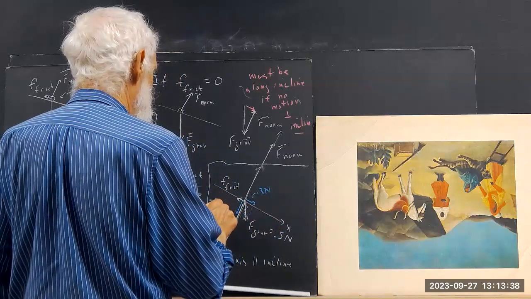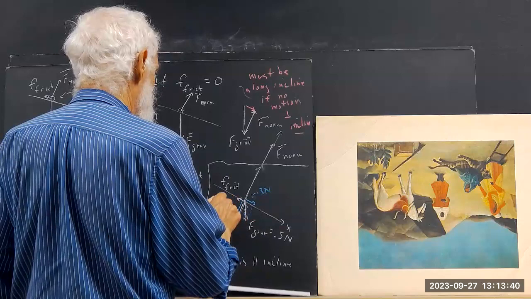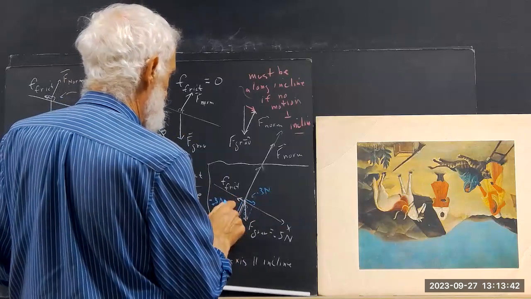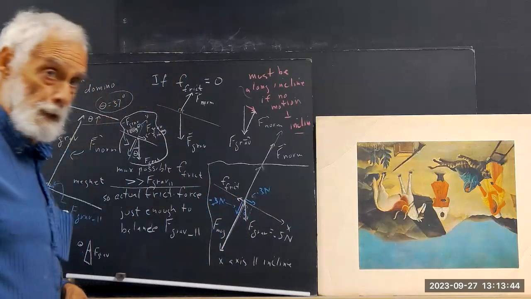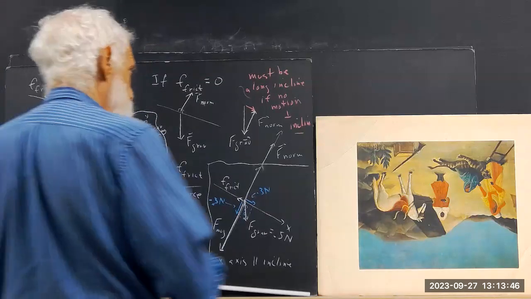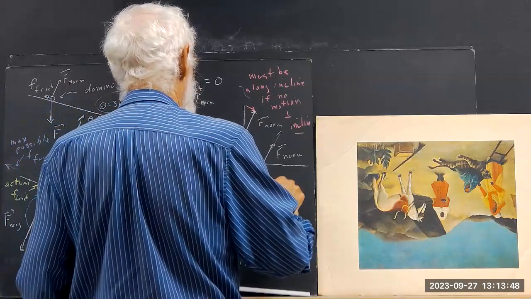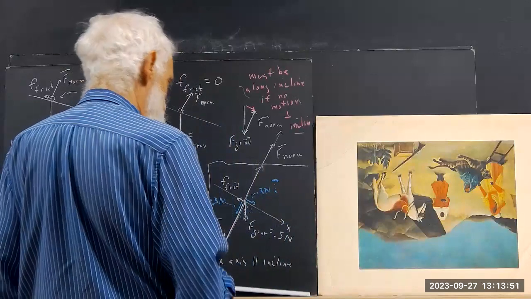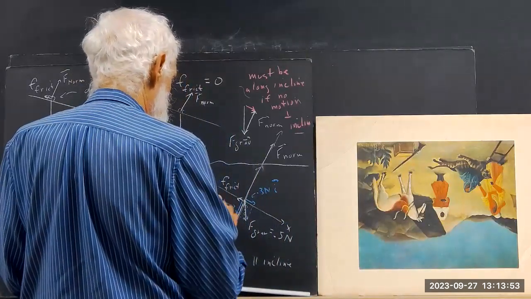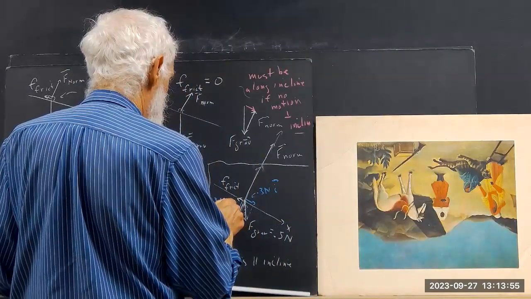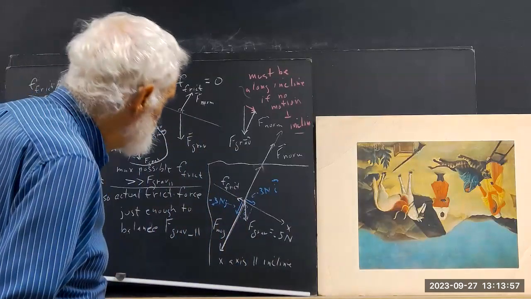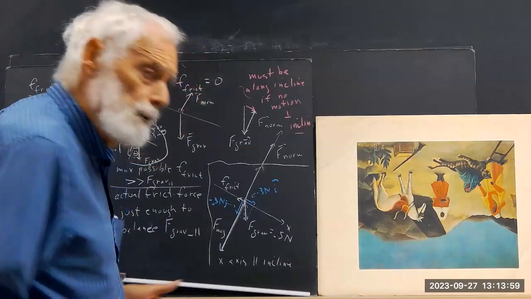This would be negative 0.3 newtons. Okay. Matter of fact, we could say it's 0.3 newtons times your I vector, and negative 0.3 newtons times your J vector. Make sense?